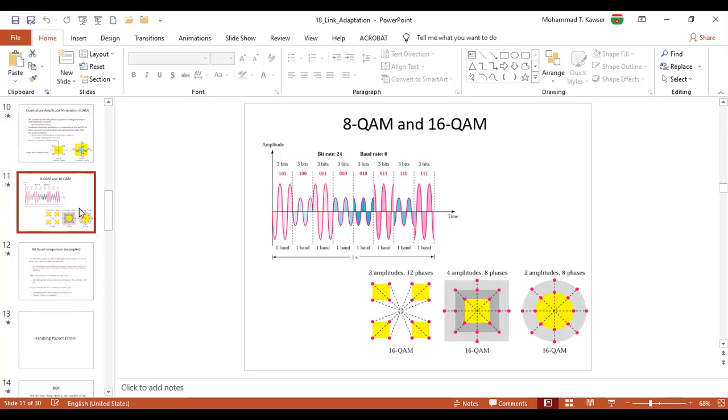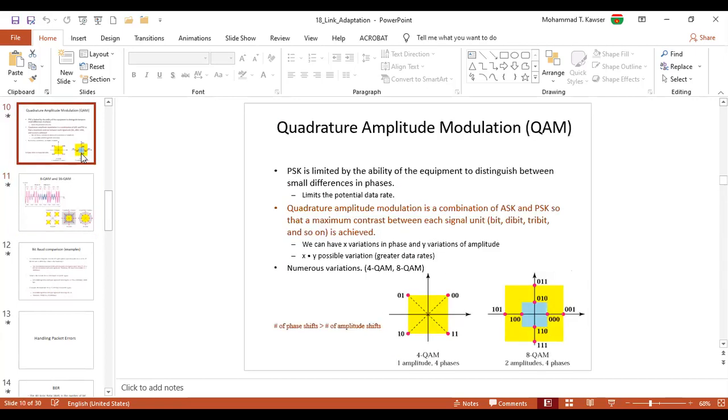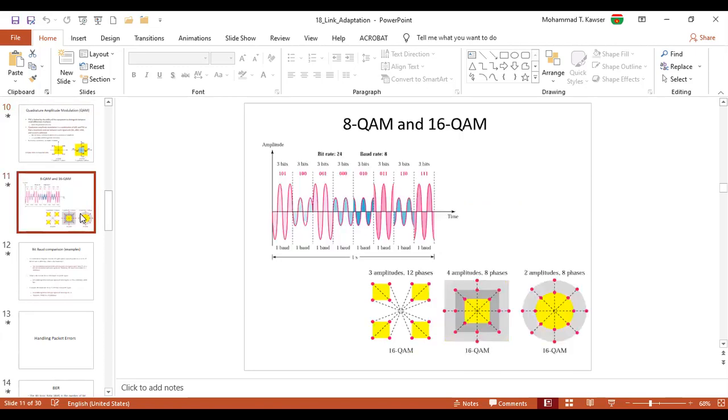But that depends on the CINR. The CINR will cause higher deviations. So if your CINR is lower, you should adopt greater separations, meaning a lower level of modulation. Or in other words, if you have good CINR, then you can allow a higher level of modulation, with the advantage that a higher level of modulation will put more bits in every symbol, increasing the data rate.